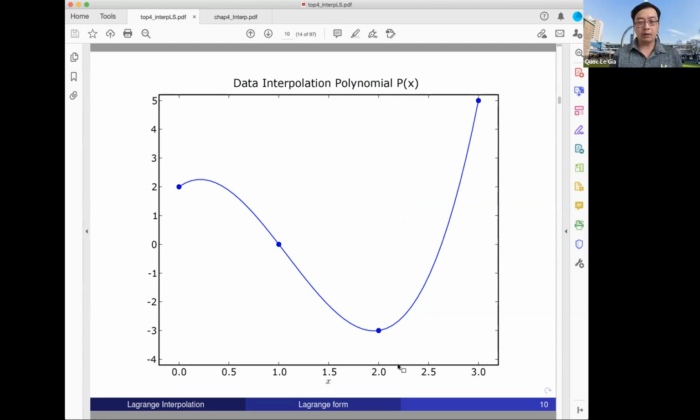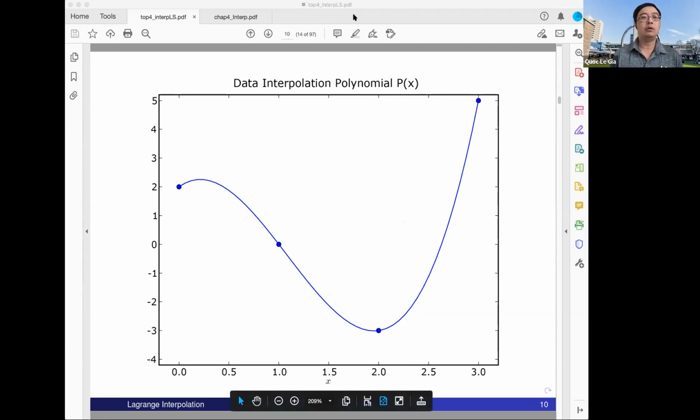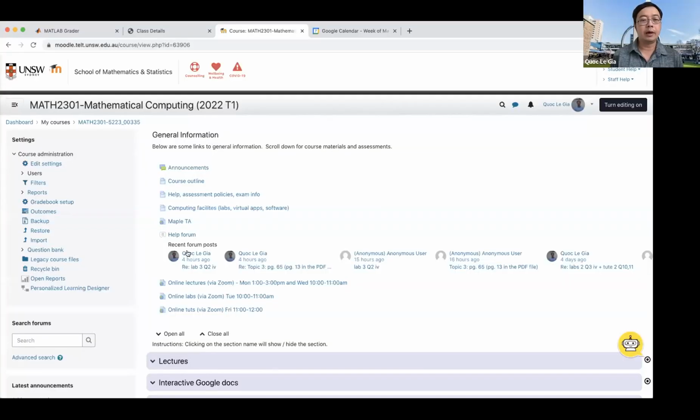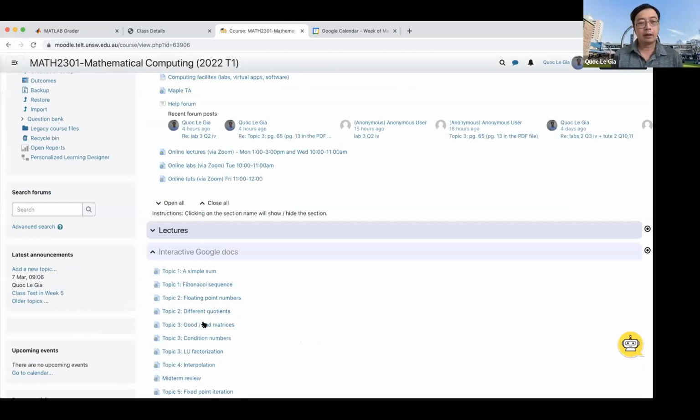Now I want to ask you something. Maybe we go to Moodle. Suppose I go to Moodle, and you click on the interactive documents and you click on interpolation.